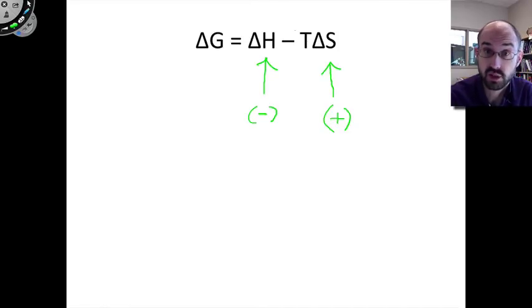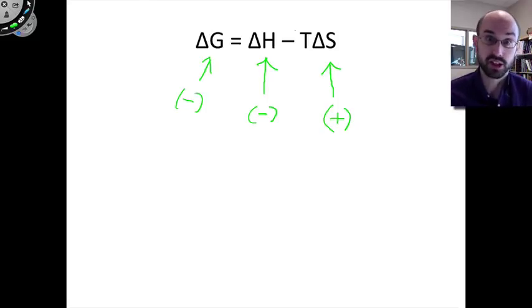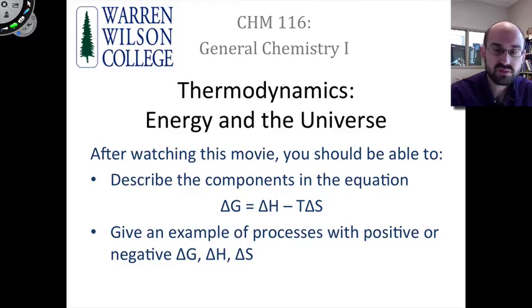And a negative number minus a positive number is, regardless of the orders of magnitude, has to be a negative number. So we know then that delta G is negative. And that makes sense, right? Because we can observe a campfire burning, and so delta G must be negative.